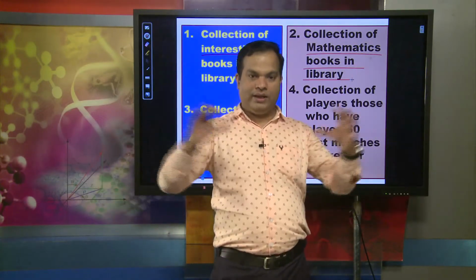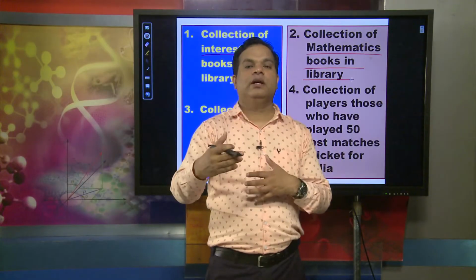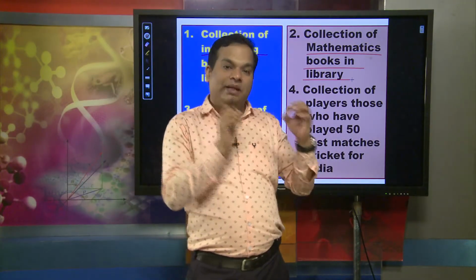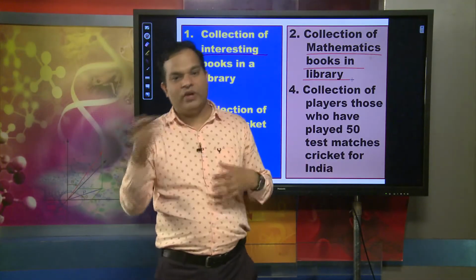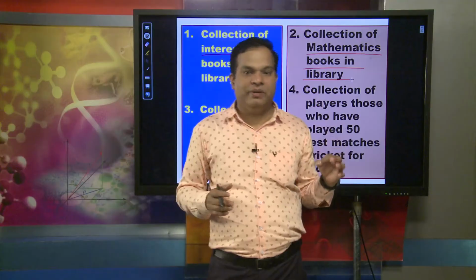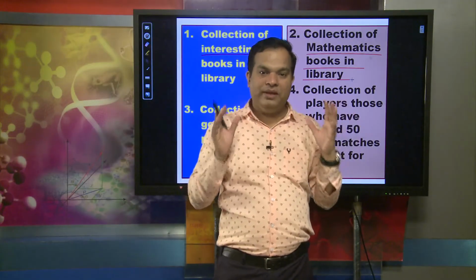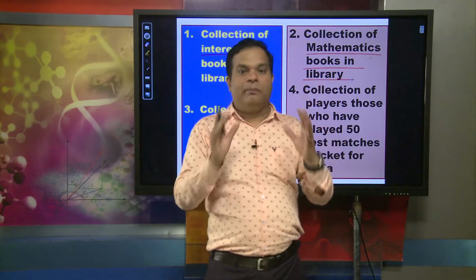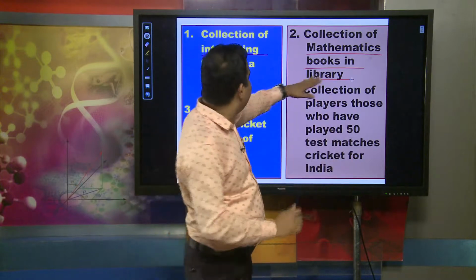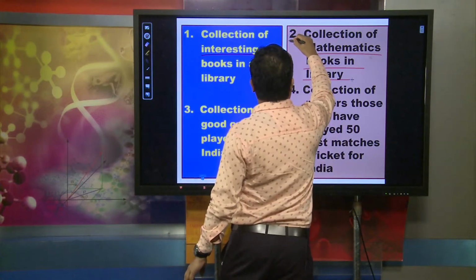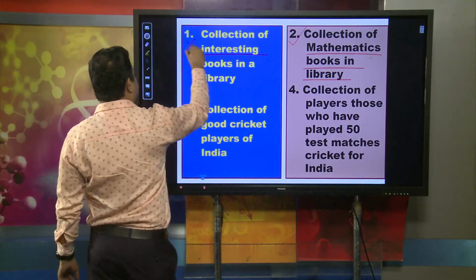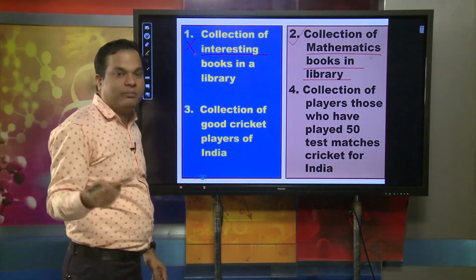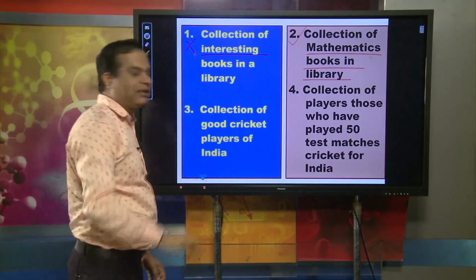If I collect them together, taking all mathematics books from class 1 to 12 or some other reference mathematics books, then it forms a set of mathematics books. So here the set can be formed, but in case 1 it should not form a set because of the subjective nature.